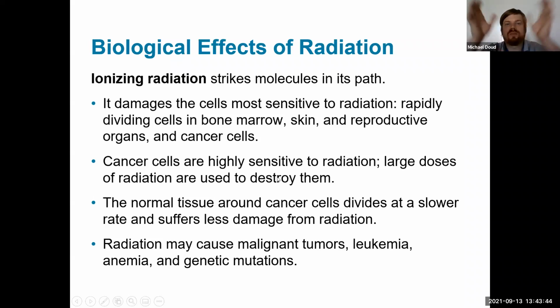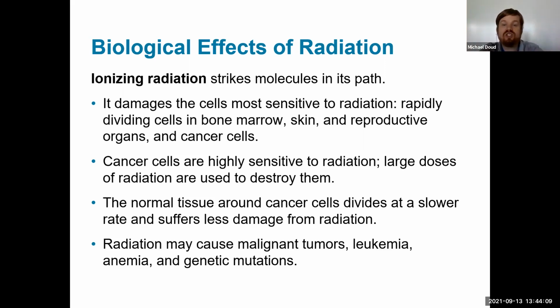Now, this is what's actually important for this chapter: what happens when a body is exposed to radiation. This is what we call ionizing radiation. Ionizing radiation is going to hit molecules that are in its path. Radiation is like a particle, and it's going to hit your body and do some kind of damage.